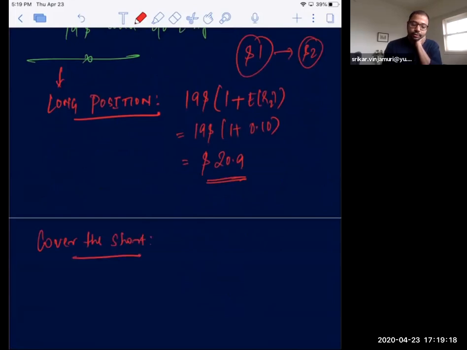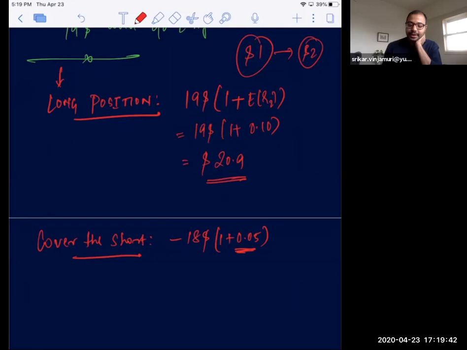So it will cost you borrowed $18. The cost of the short is basically the expected movement in that asset between when you borrowed and when you buy it back. So this is expected to move by 5%. Right? The expected return on the asset essentially indicates that the asset price is expected to move by 5% during that period.